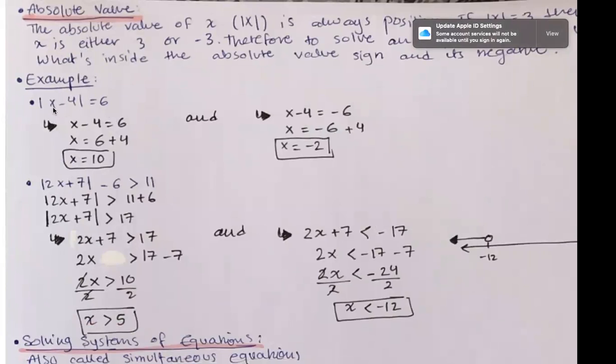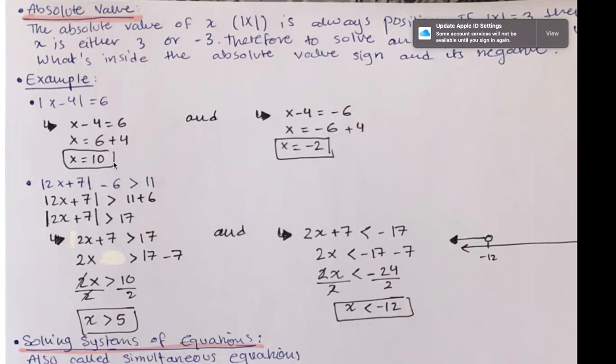We have this one, the absolute value of x minus 4 equals 6. Again, we have to do it two times. Once when it's exactly the same, x minus 4 equals 6, and the other time is when it's multiplied by a negative sign. So x minus 4 equals minus 6. And then you solve for x in both cases.